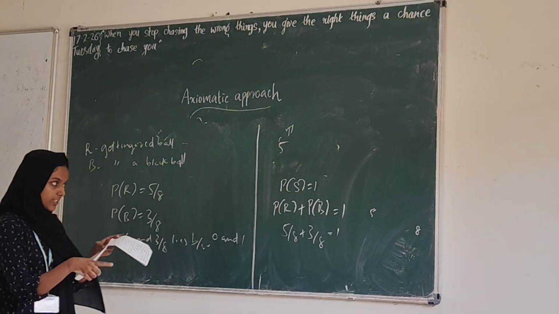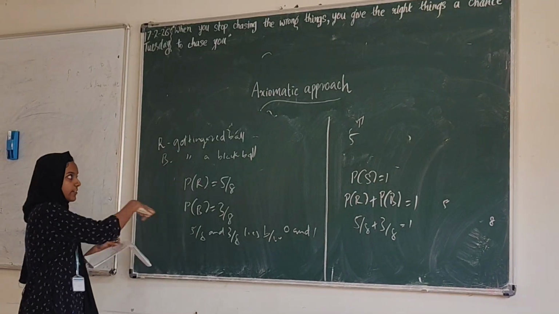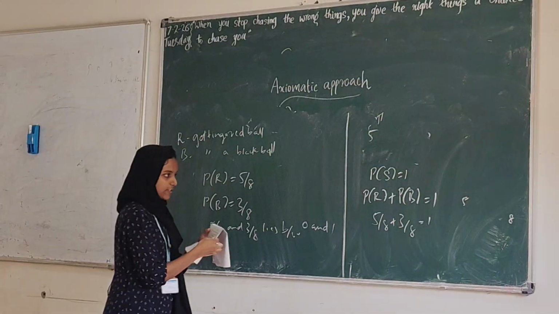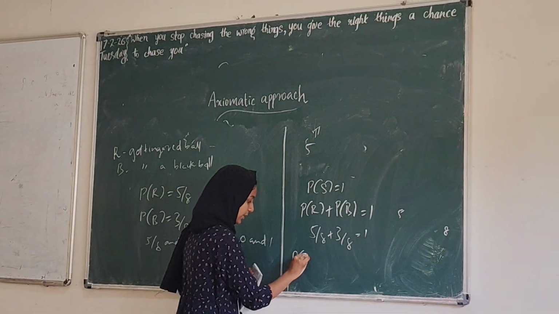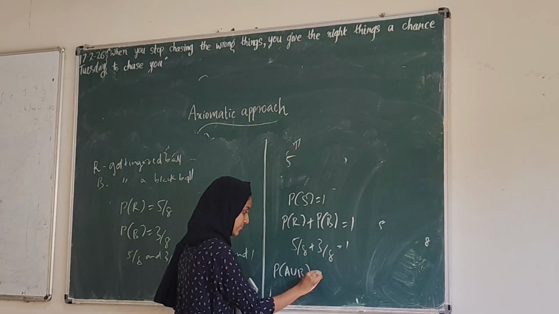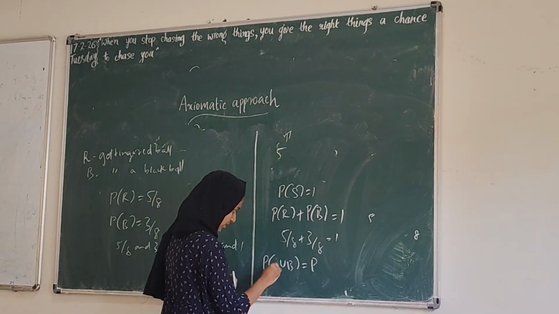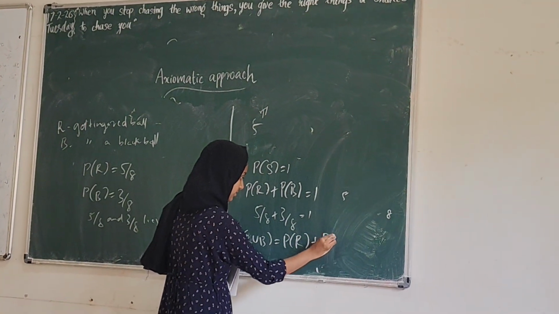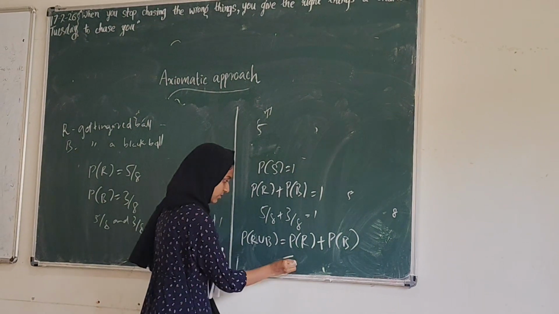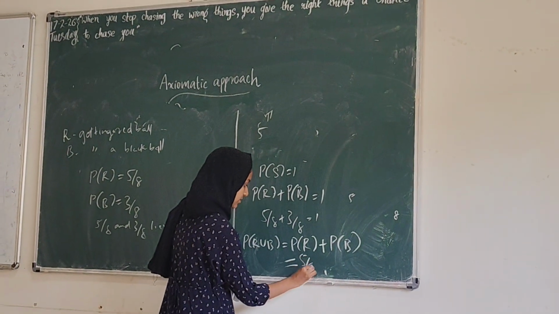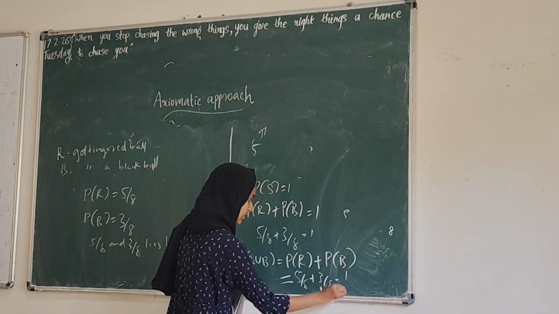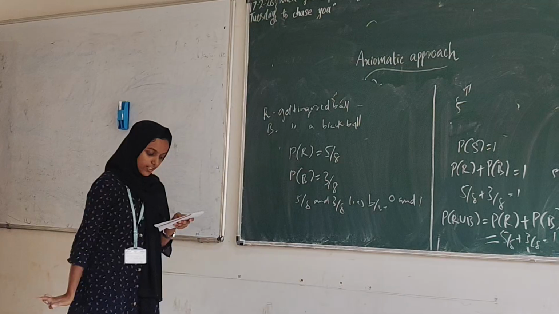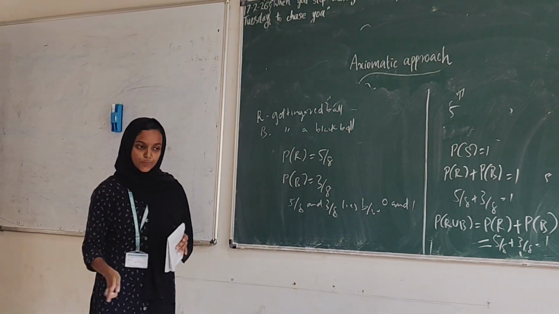Next, these are mutually exclusive events, because these two don't occur together, so we can write P of R union B is equal to P of R plus P of B, that is 5 by 8 plus 3 by 8 is equal to 1. Thus all three axioms are satisfied, so the above experiment follows the axioms of probability.